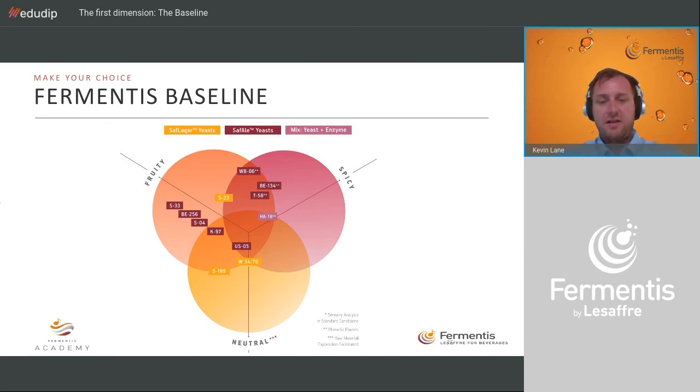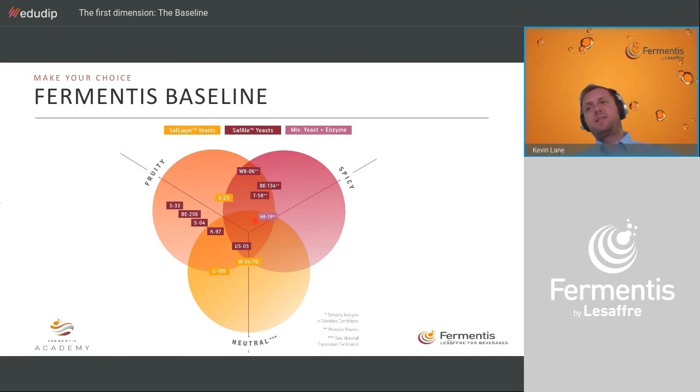So you could say, all right, I have this idea for a beer that I want some spiciness to, but also a medium amount of fruitiness. You can go onto this chart, go up the spiciness axis, go along the fruity axis, make an intersection of those two lines, and arrive somewhere in this area.